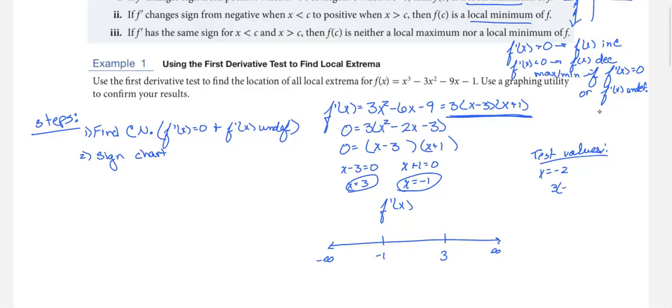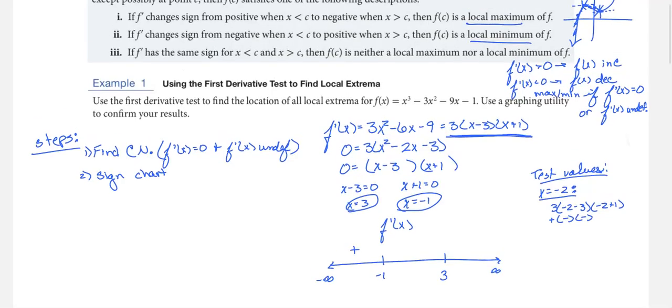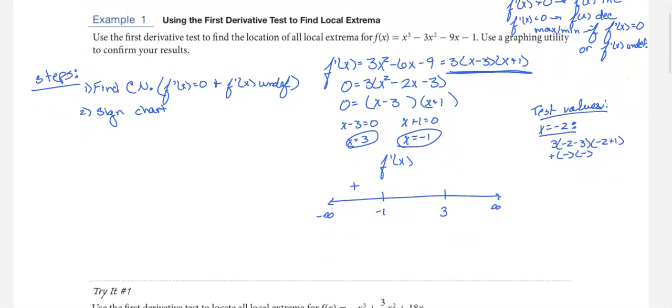So we're going to have 3 times (-2 minus 3) times (-2 plus 1). So I have a +3, a negative that comes out of this parenthesis set, and a negative that comes out of this parenthesis set. So a positive times a negative times a negative gives us a positive slope. I don't care about what specific number is coming out. I care about the sign, because the sign is going to tell me if the function is increasing or decreasing.